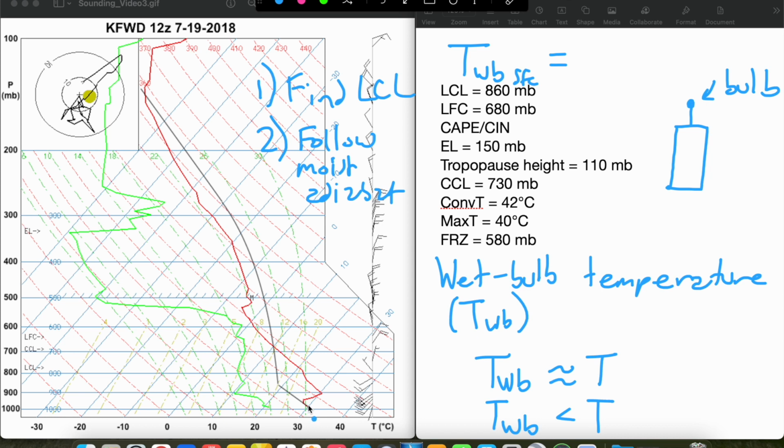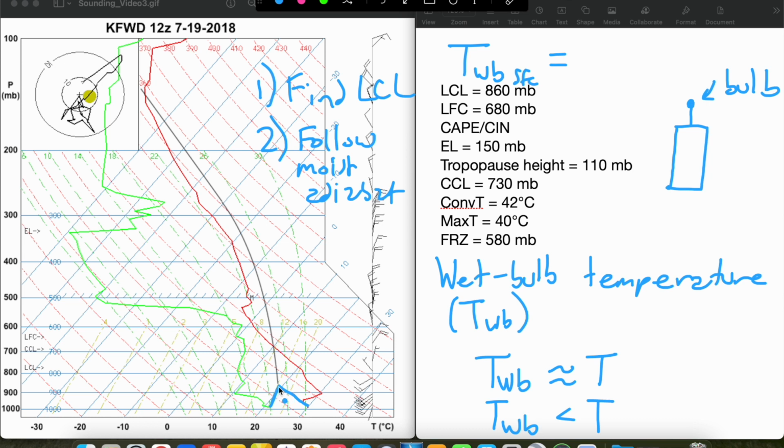So let's say we wanted to find the wet bulb temperature at the surface. What we would do, we'd first find our LCL by going up the dry adiabat from the temperature at the surface, going up the moist adiabat from the dew point, and we find our LCL, which, as we found earlier, is about 860 millibars. Then from there, we'd follow the moist adiabat, which again are these curved dashed green lines here.